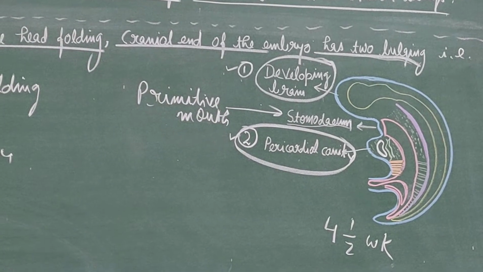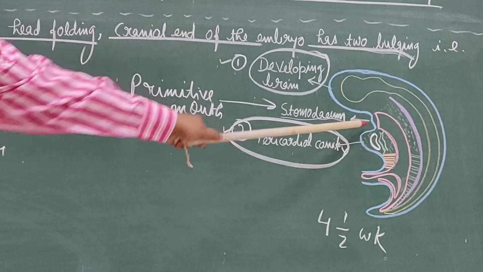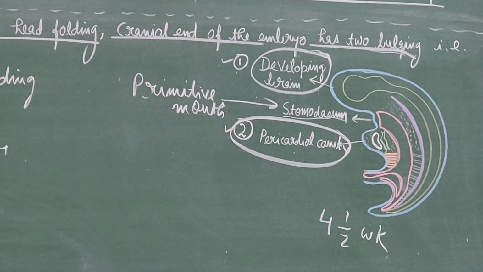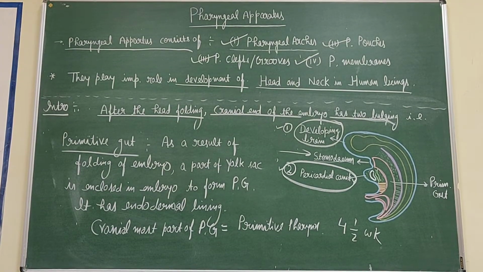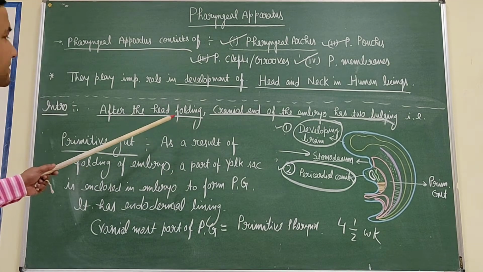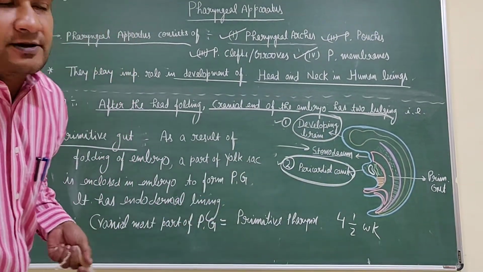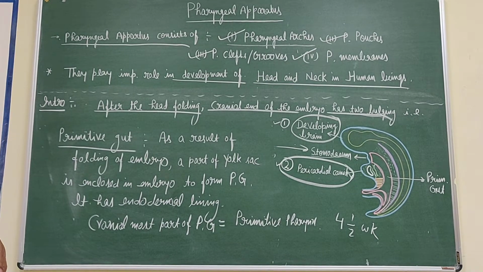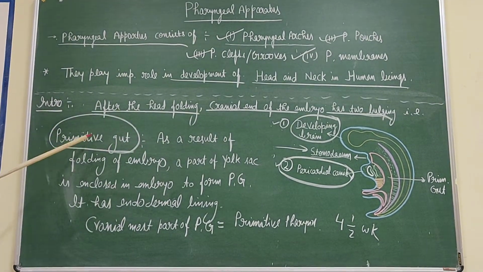Primitive mouth means that in the future the mouth will form here. So, as a result of the head folding, there are two bulgings separated by the stomodeum, that is the primitive mouth.